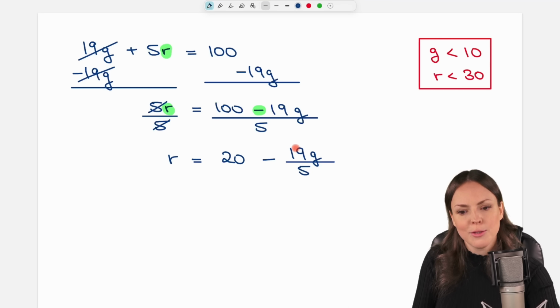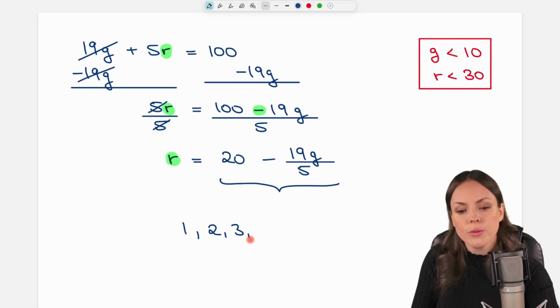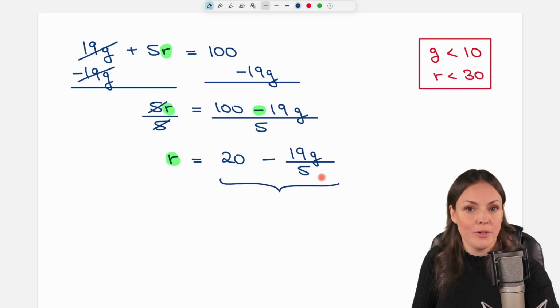But here we have this fraction still. In total, all of this has to be the amount of rabbits that he buys. And the amount of rabbits is either 1 or 2 or 3 and so on. It has to be a whole number. He cannot buy half a rabbit, not alive. So we know that this number here has to be a whole number in total.